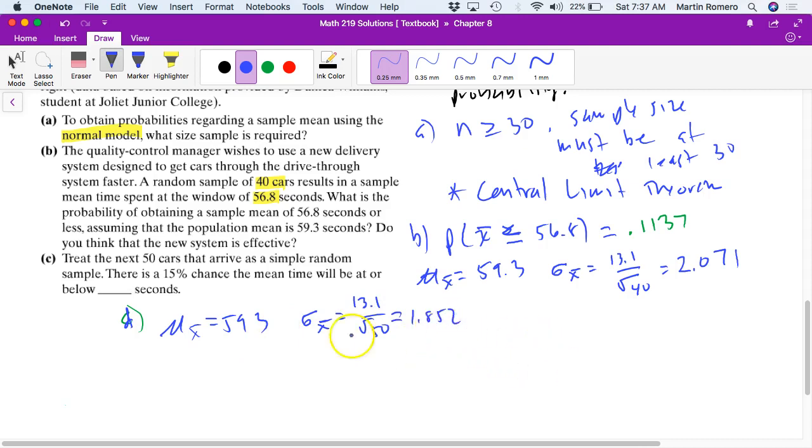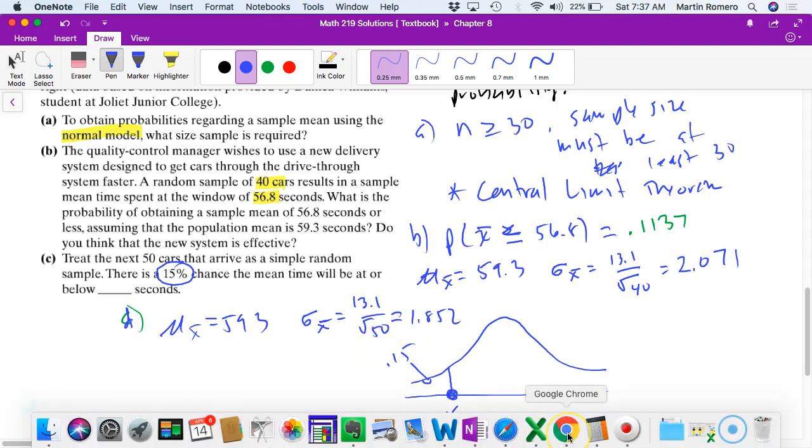And what's really happening is now we're given the percentage. When we go through this problem, there's a 15% chance the mean time will be below this. So what we're really looking at is a value like 0.15. We're looking for that value right there.